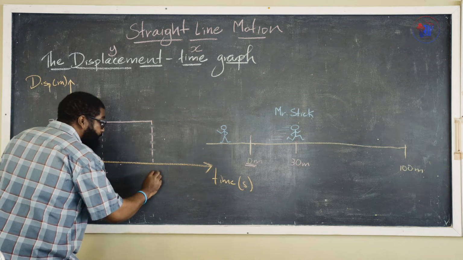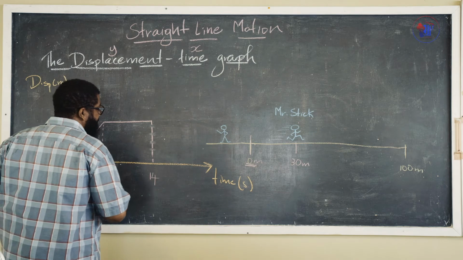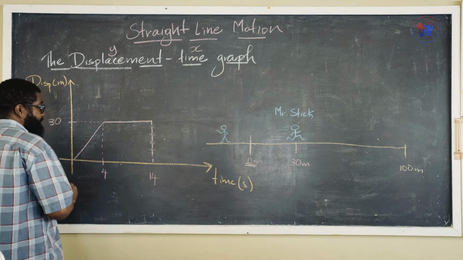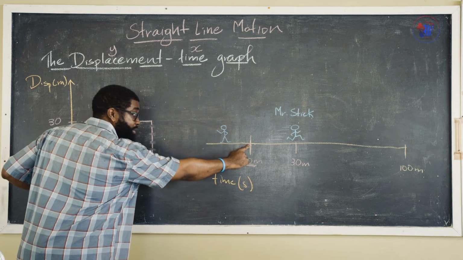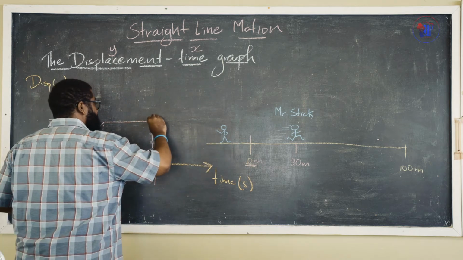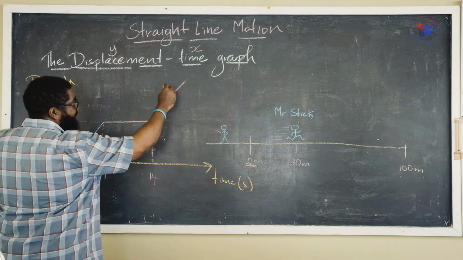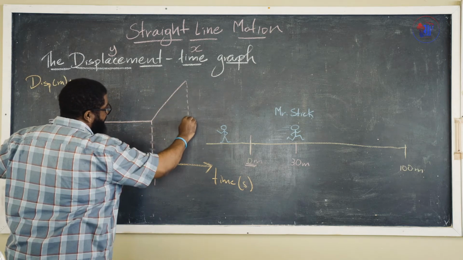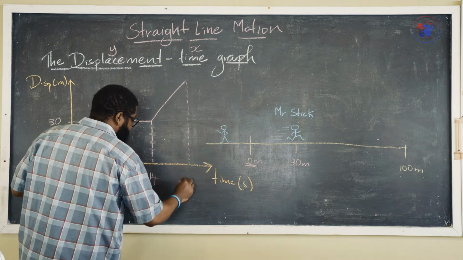So 4 plus 10 gives you 14. Finally, Mr. Stick continues on and his displacement, again measured from the start line, increases until Mr. Stick reaches the end of the race. I've run out of space. And he reaches the end of this race in, let's say, another 8 seconds.